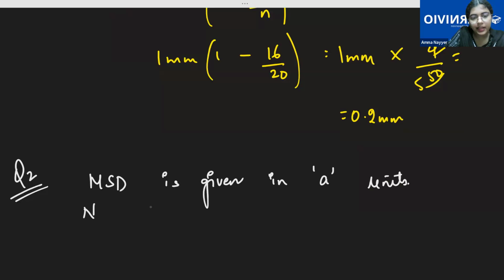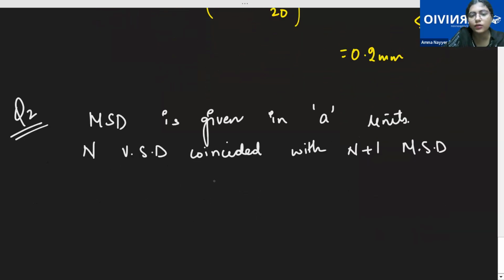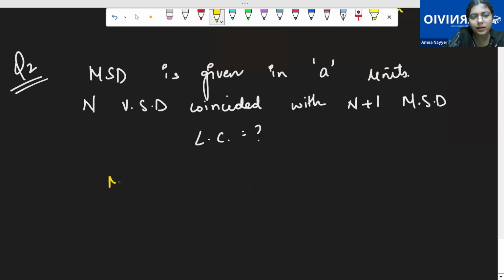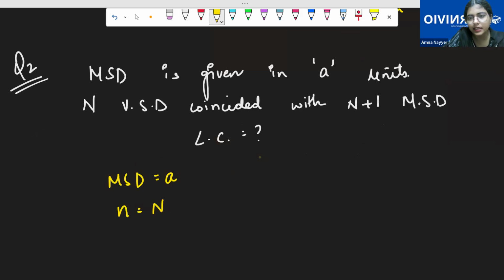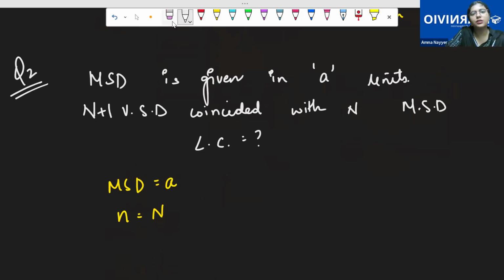Then it said n Vernier scale divisions coincided with n plus 1 main scale divisions. You had to calculate the value of the least count. Just identifying the variables was important in this question. This was given as A, this was given as n, and this was given as n plus 1. Yes, this was the question.